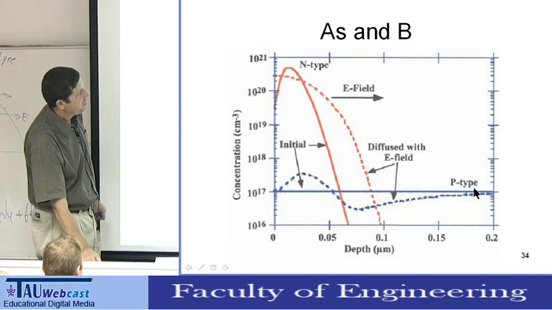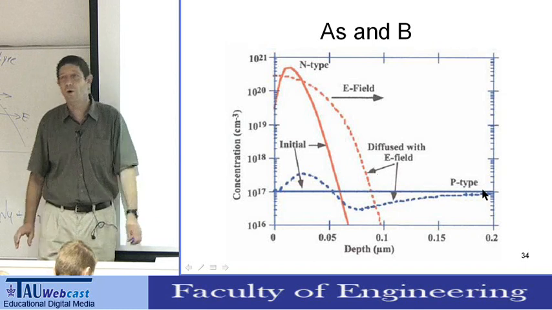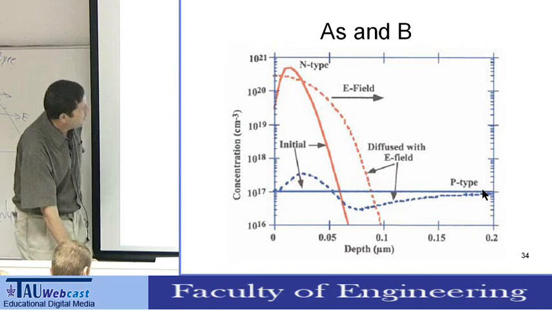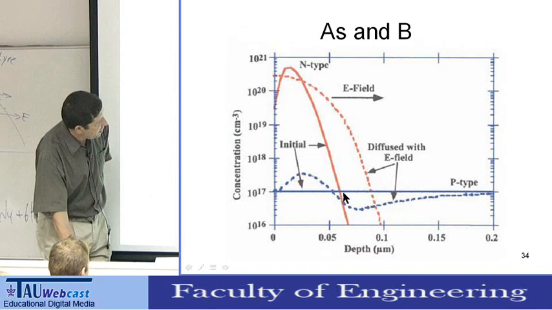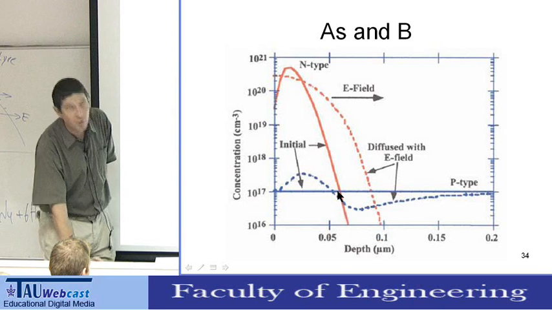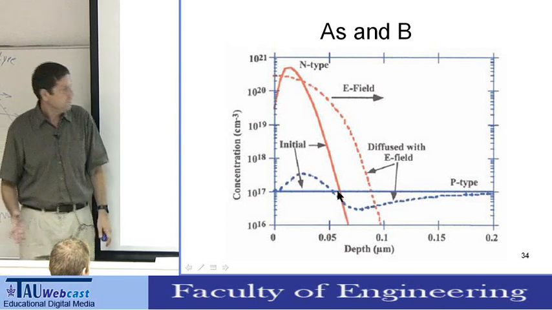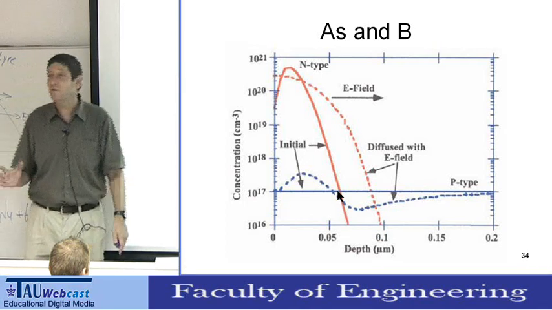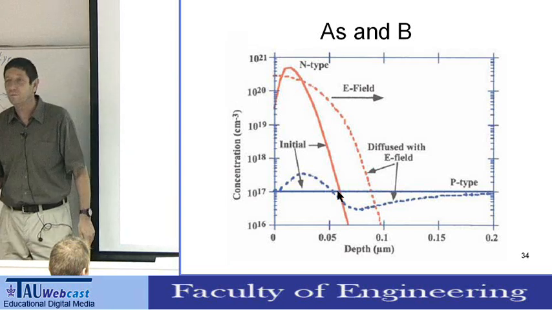And the blue is the concentration of the boron. So this is in order to make a junction, and the initial junction depth was less than 0.1 of a micron. This is quite a shallow junction, about 600 angstrom, 500, 700 angstrom.